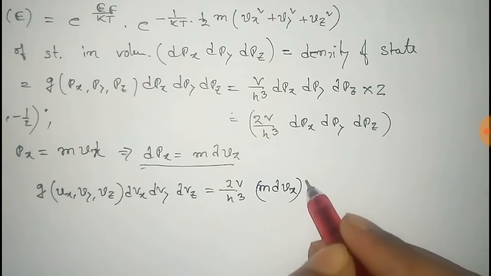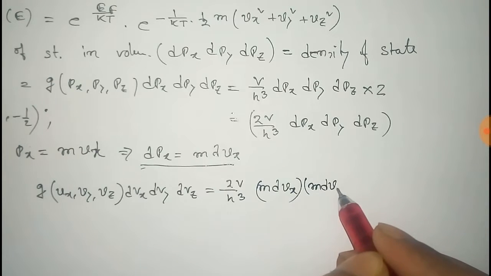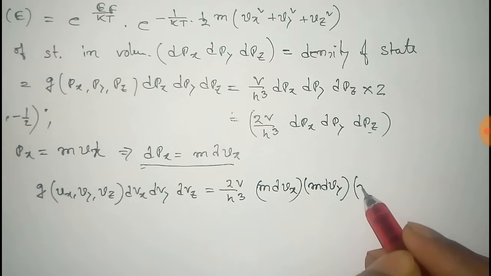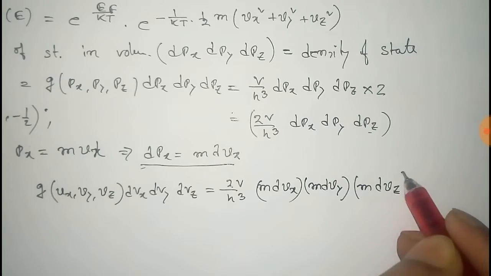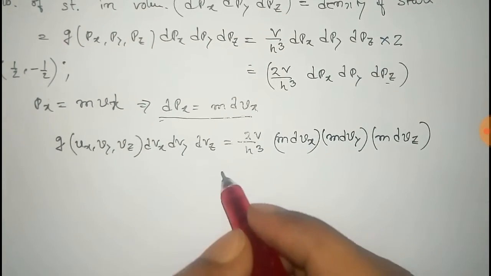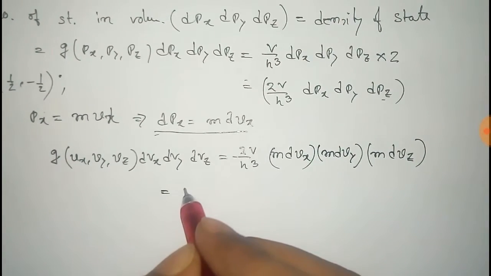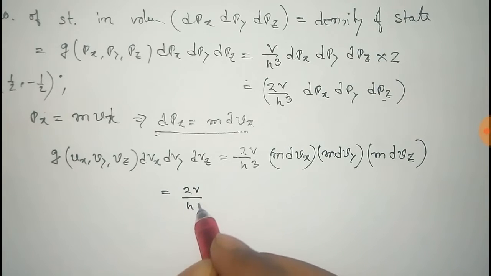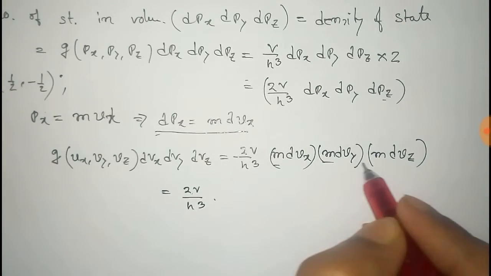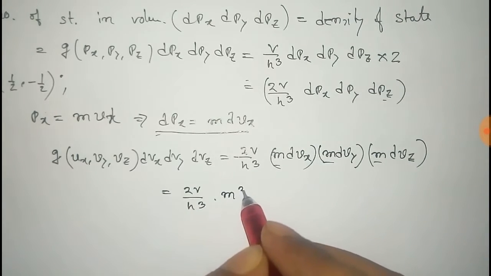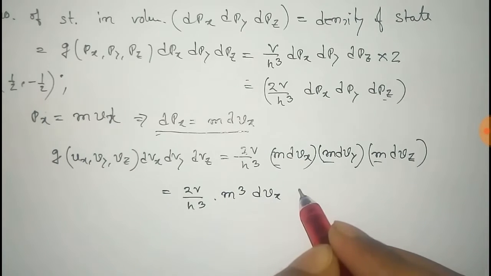Similarly dpy will be m into dvy, and dpz will be m into dvz. Thus we get 2V by h cube into, there are three m, so m cube into dvx dvy dvz.